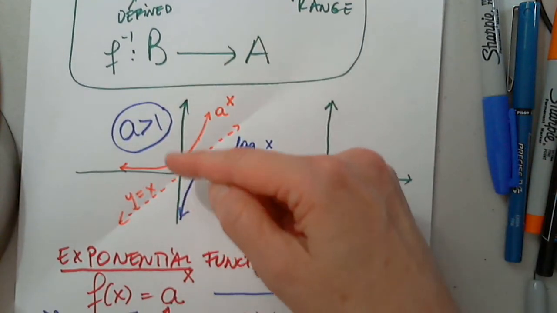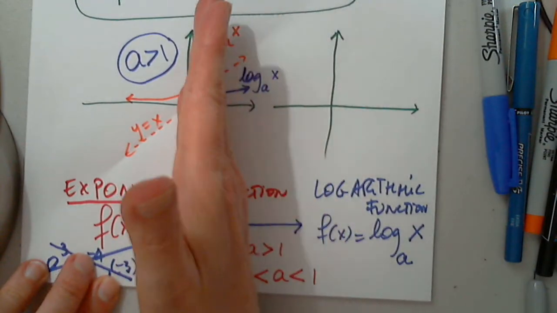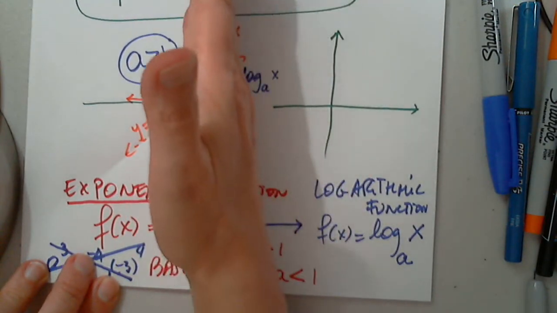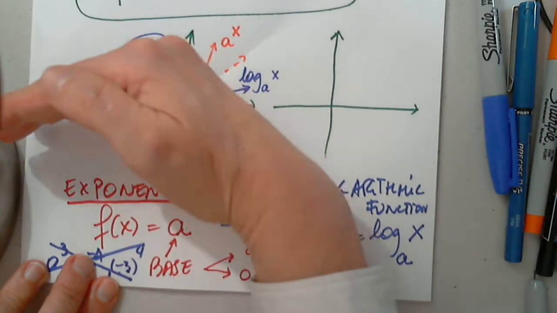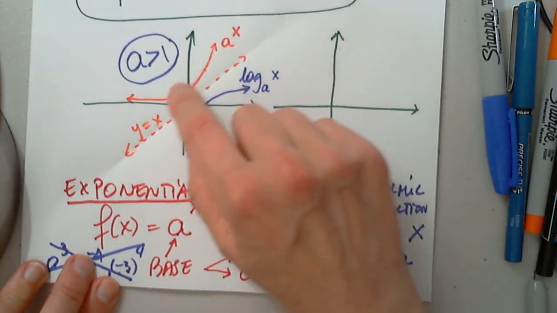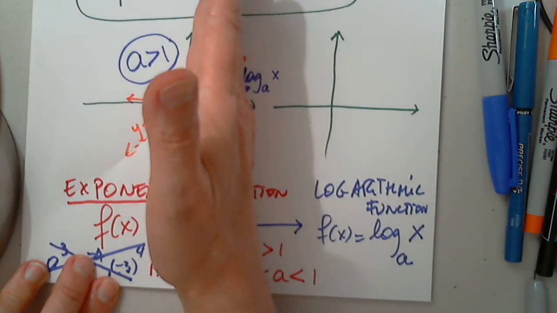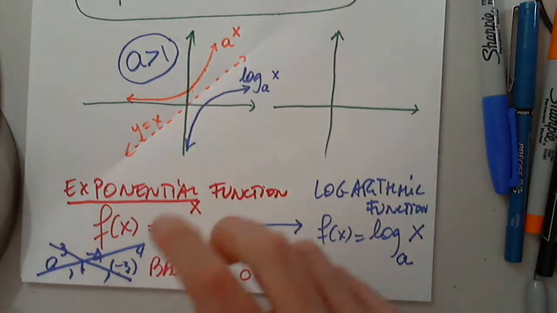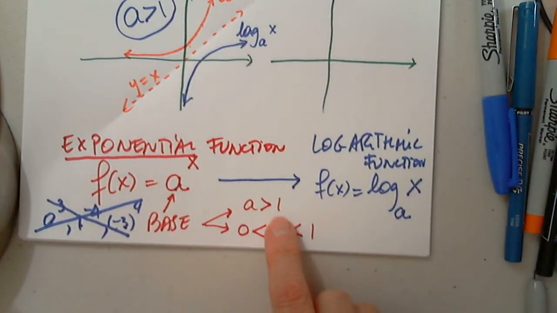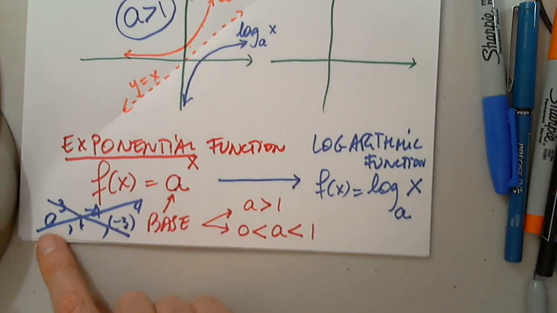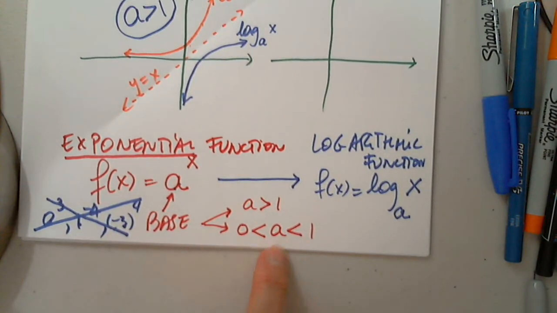Range is 0 to infinity. It will be the domain of this function. And this is a vertical asymptote for this function, and this is a horizontal asymptote, of course, for this function. If this one has a horizontal, the other one will have a vertical. So this is only in the case in which the base is a number strictly greater than 1, not 0, 1, or negative.